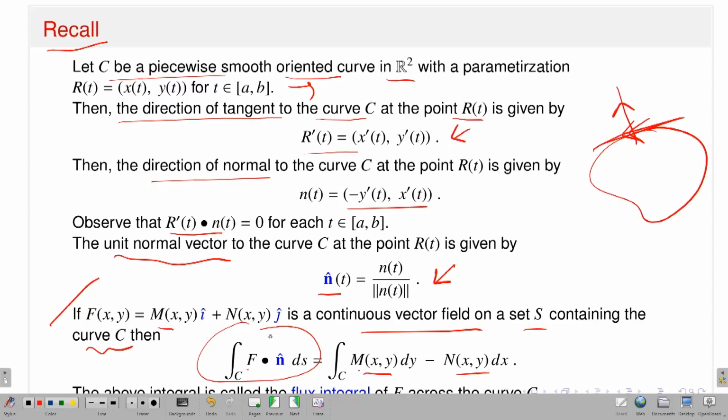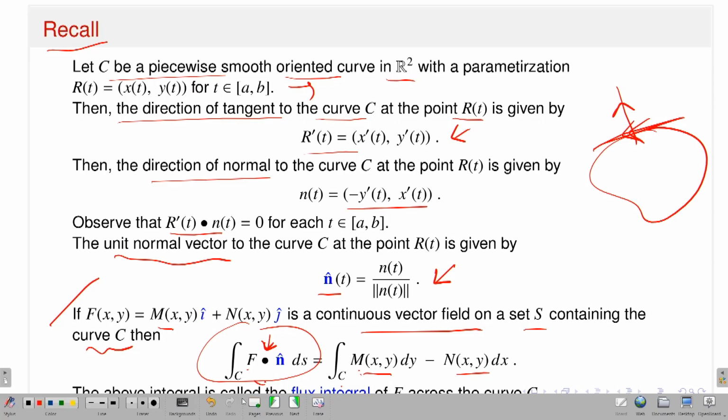If it is a tangential component, F dot T should be there. Here I have F dot n cap, where n cap is the unit normal. So, this is the scalar line integral of the normal component of my vector field capital F, and this is exactly equal to the integral over C of M dy minus N dx.